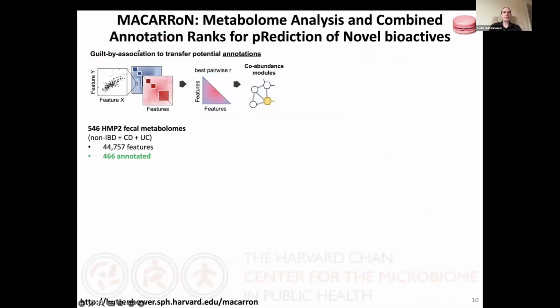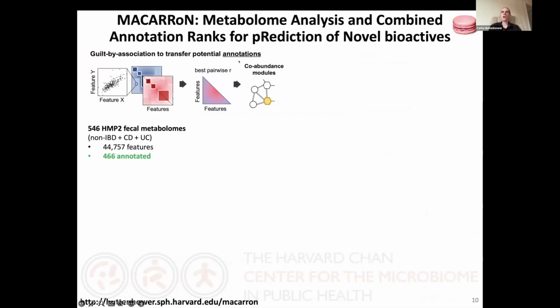So again, applying this system called Macaron to the HMP2 data, here drawn from a subset of the same samples, we have not quite 550 fecal metabolomes. These contain not quite 500 identified features and just under 45,000 total features.